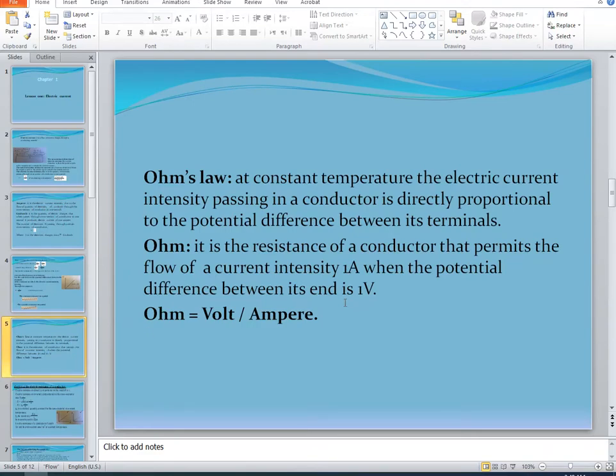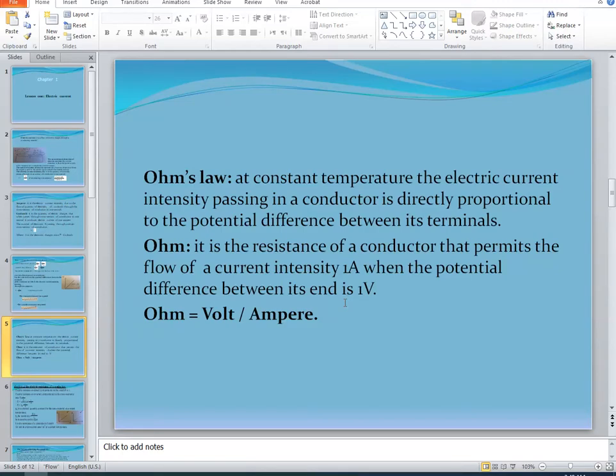From here I can tell you about Ohm's law. Ohm's law says that at constant temperature. This sentence is very, very important: at constant temperature. We will discuss this in a few seconds.